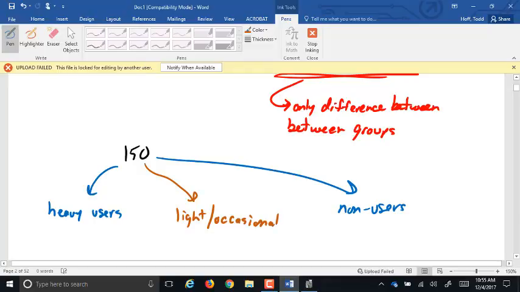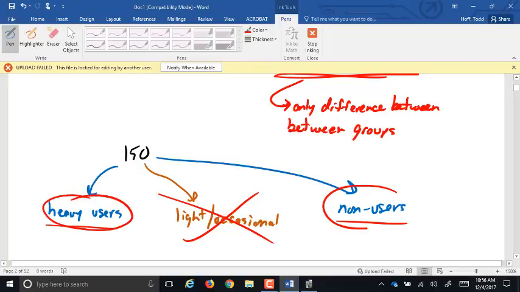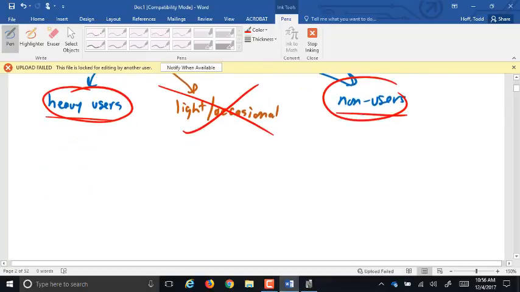Or maybe they had used in the past and stopped, or they tried it a few times or whatever. Those light or occasional users were eliminated. We didn't want anybody blurring them in the middle. So you can tell that the number that were used for these samples, the very best would be that there were 75 each if there was nobody in the middle. But we know that had to be less than that because there were some that were thrown out.